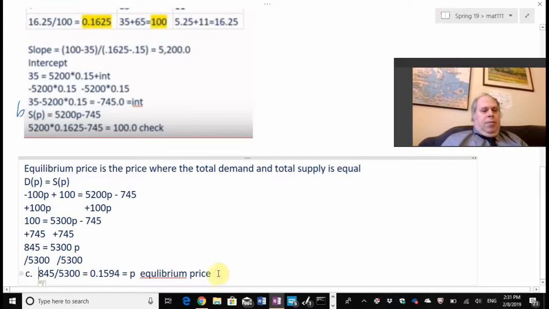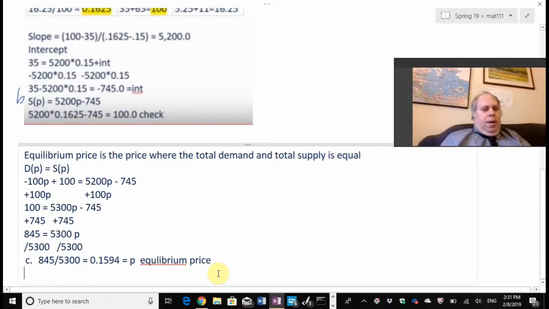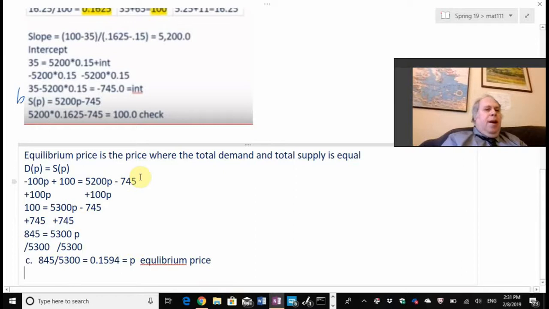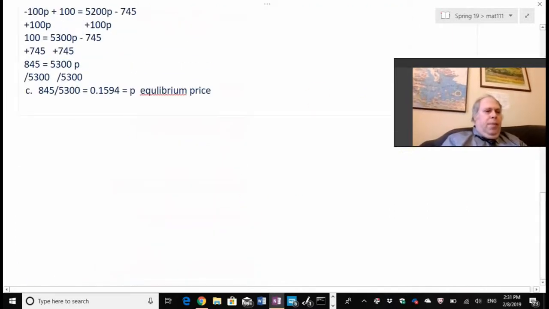And to get the equilibrium quantity, part D, what we're going to do is plug this into one of my functions, because all my functions go from price to quantity, right? Quantity is a function of price.